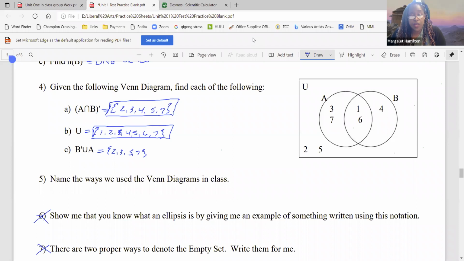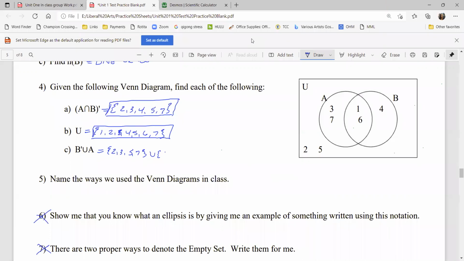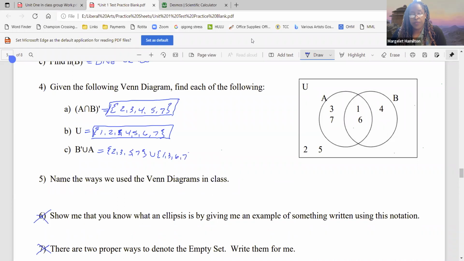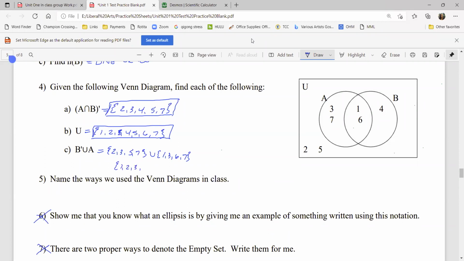Now here's our union, and they want us to union it with A. So tell me what's all in A. 1, 3, 6, and 7. Okay, good looking out, all of the circle. So we've listed out our B complement, and we're going to union it with our A. Our final answer should look like what? 1, 2, 3, 5, 6, and 7.